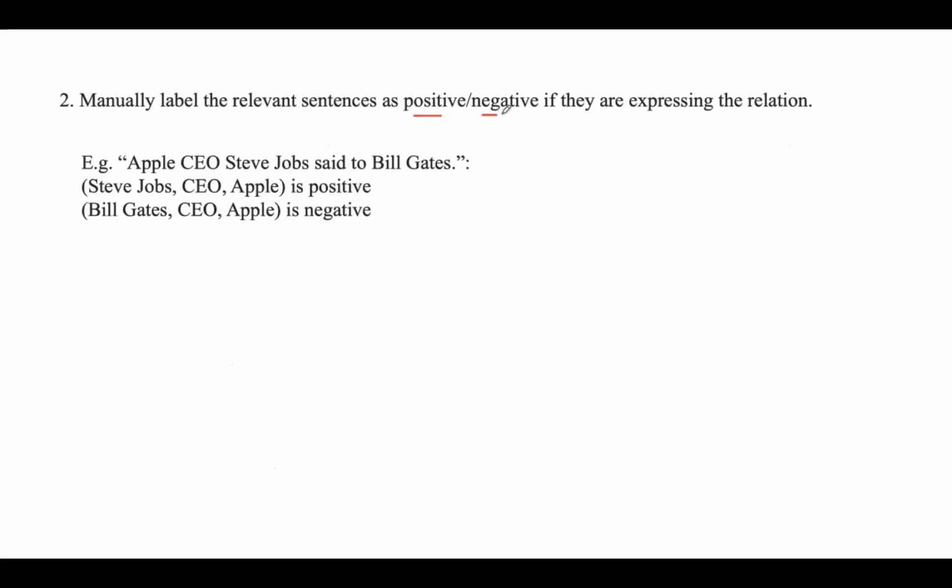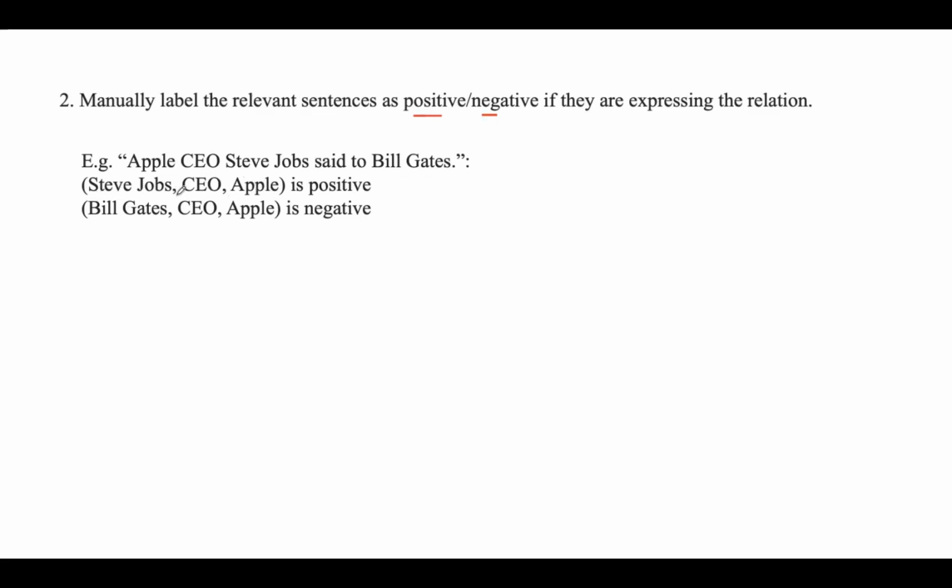Here we manually label the relevant sentences as positive or negative depending on whether they are expressing the relation. So you can even label the sentences as positive and negative. If you take the example, Apple CEO Steve Jobs said to Bill Gates, now find out the positive label and negative label. For that, first you need to generate a triple from the sentence. The triples are CEO Steve Jobs, CEO Apple.